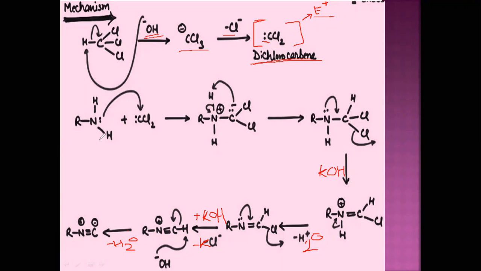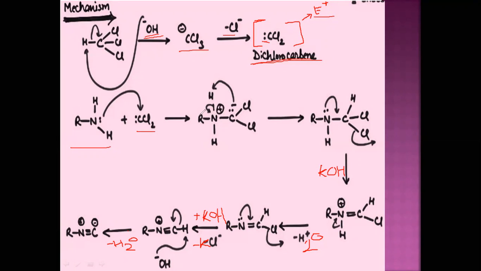Now in the next step, the amine makes its entry. Amine reacts with carbene, dichlorocarbene. Now as we know, this dichlorocarbene is electron deficient and the nitrogen atom from the amine is electron rich. So it easily attacks this carbene carbon atom.